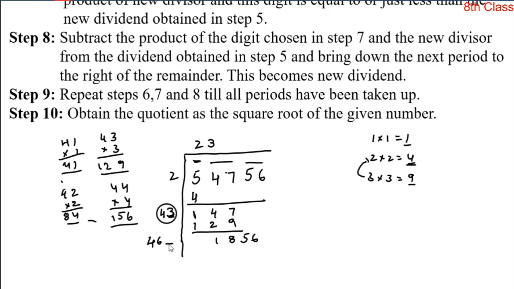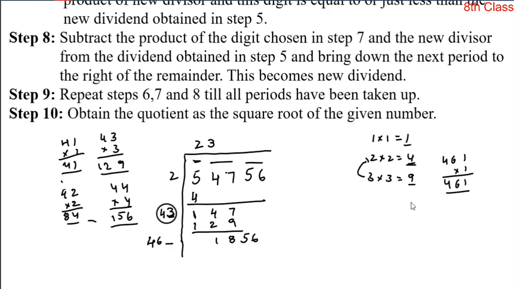Again you fill this blank with one digit, such that when you multiply the number formed by the digit, the product is not greater than 1856. Think of that number. 461 into 1 is equal to 461.